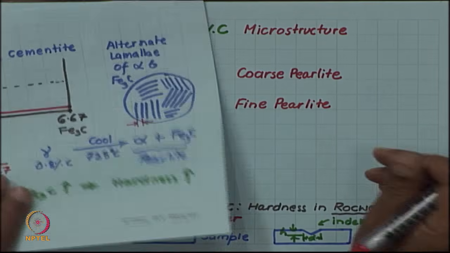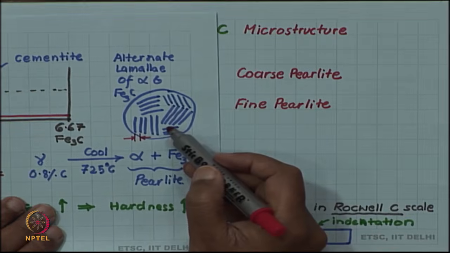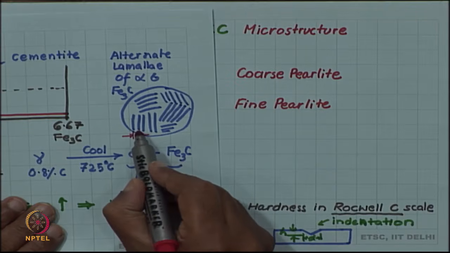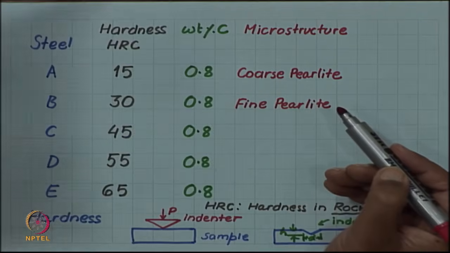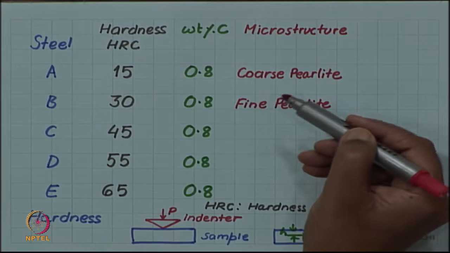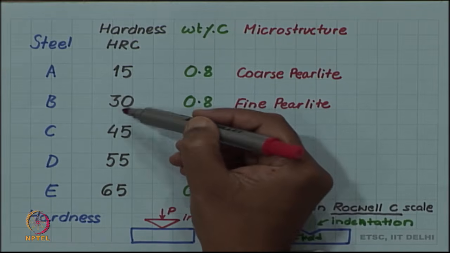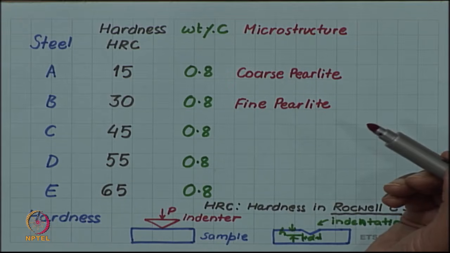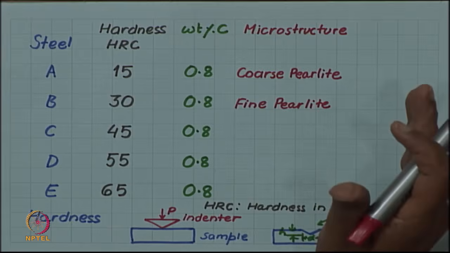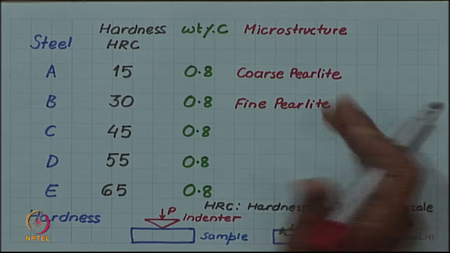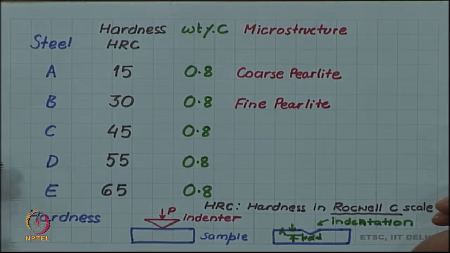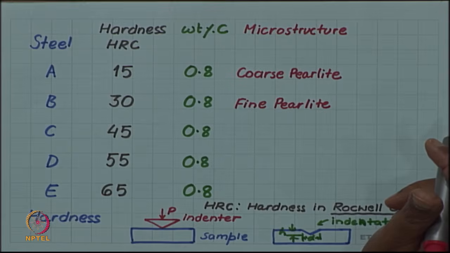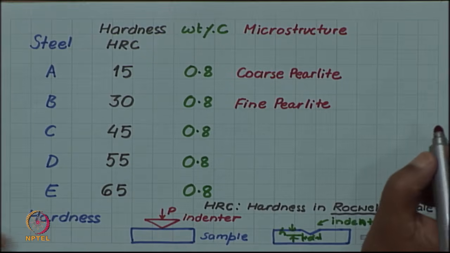Both are giving us pearlite, but in one case the pearlite lamellae are thinner and finer, in one case they are coarser, and this itself is capable of giving us a hardness change by a factor of 2. This is an extremely interesting thing, and this is in some sense central to the entire material science, that in the same composition you can have different properties depending on the control of the microstructure.